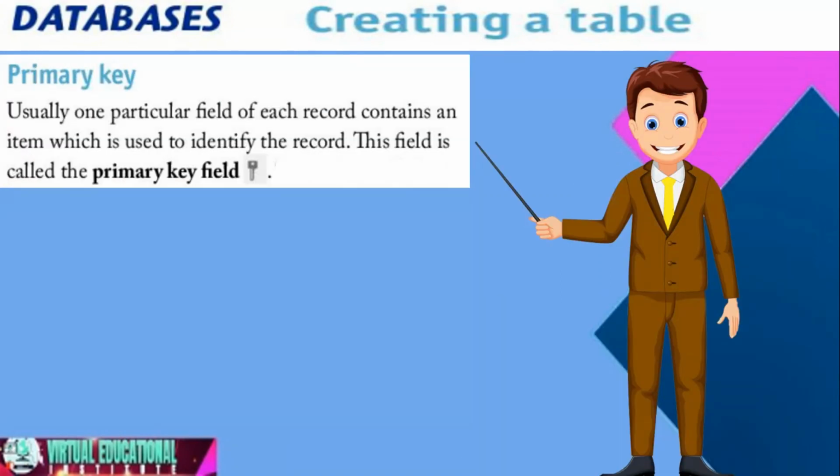Some other important factors to pay keen attention to. Here in front of us, we have our primary key. Very important. Usually, one particular field of each record contains an item which is used to identify the record. This is known as your primary key. A primary key is said to be unique.